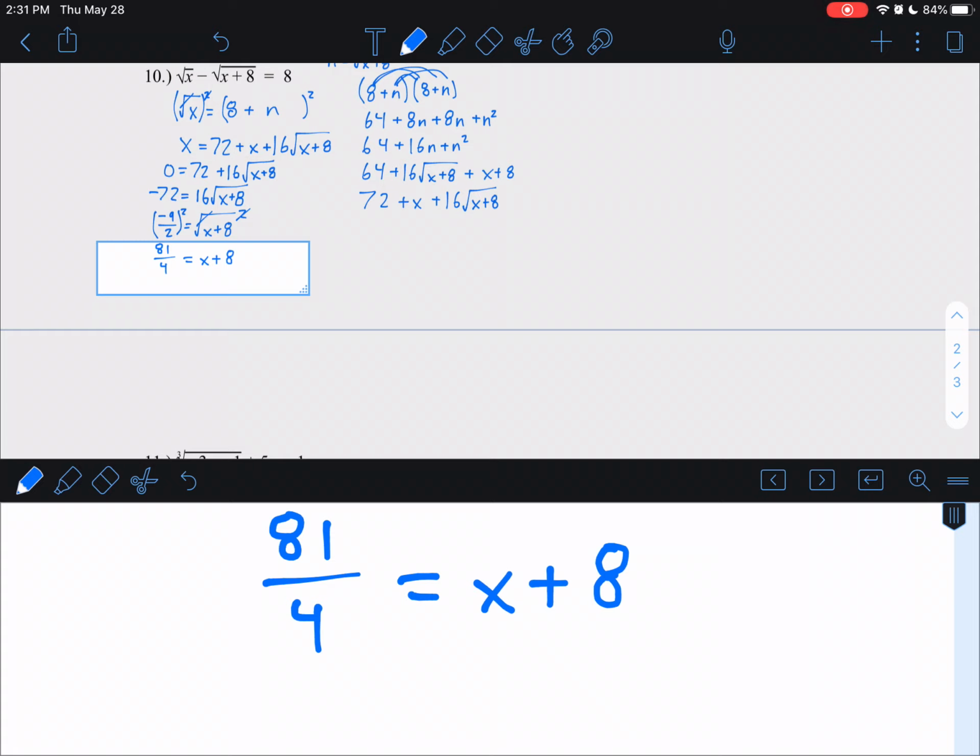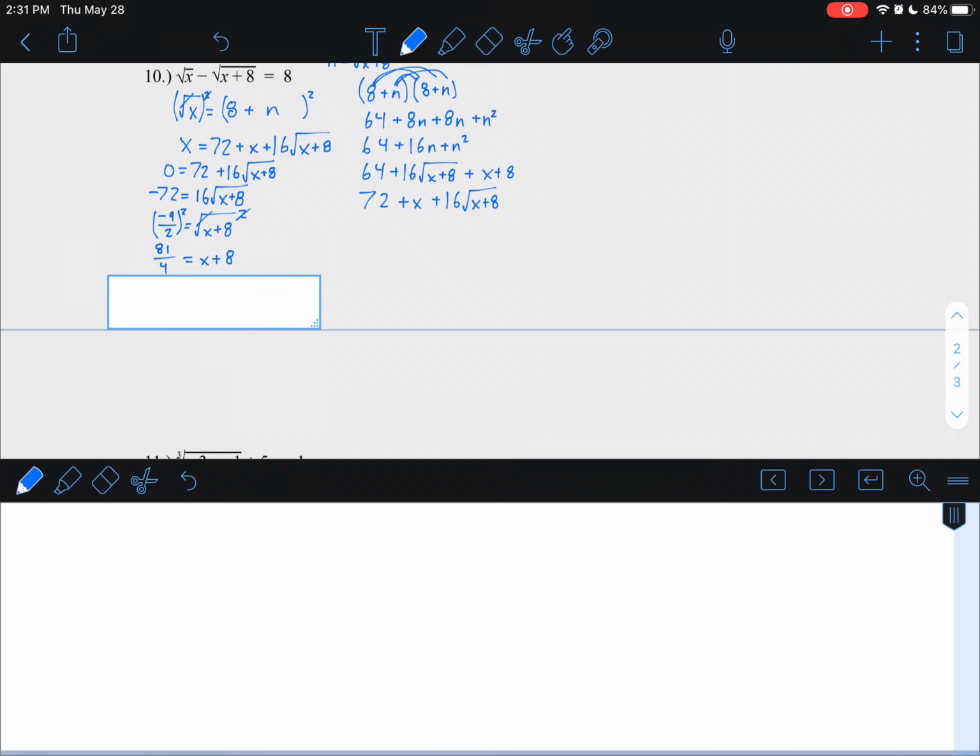And all I have to do now is subtract 8 from both sides, and so I have 81 fourths minus 8. But 8 as a fraction over 4, since I want to make it into that, so 8 times 4 is 32.